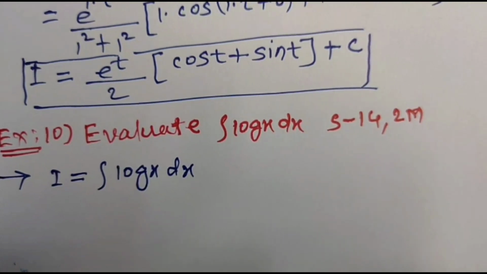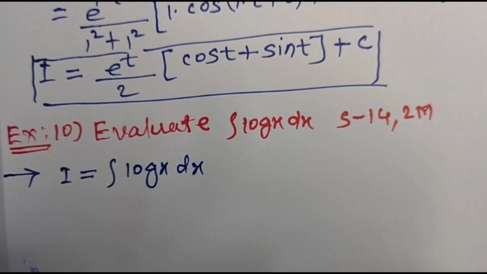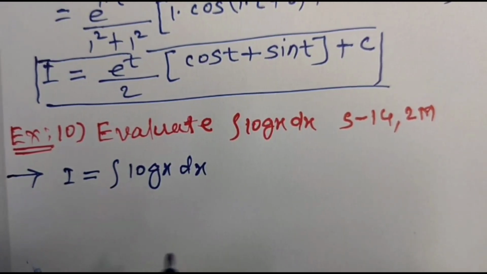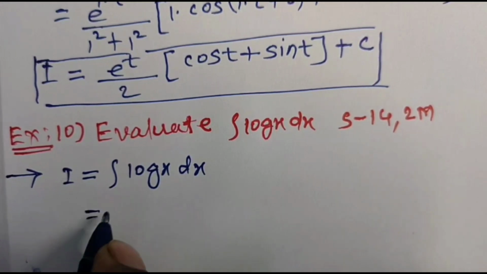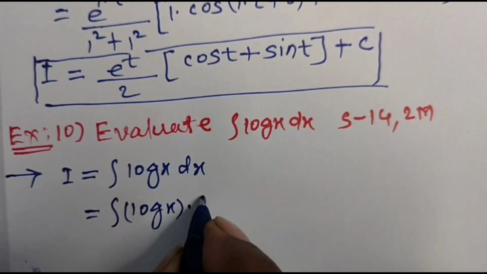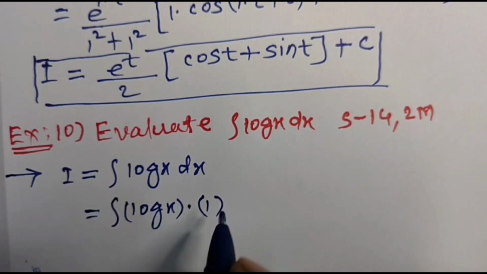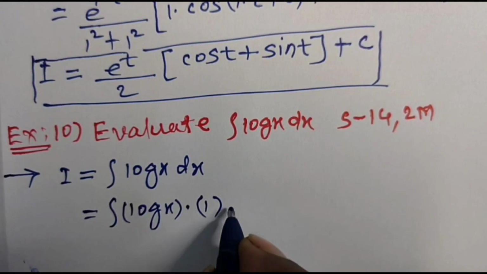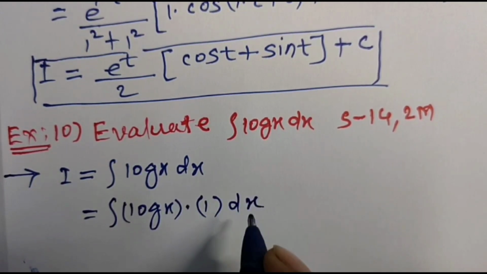So we have to take the multiplicative identity 1, which is an algebraic function, as the second function in the integrand. Hence integral I can be written as integral of log x and the second function, the algebraic function which is 1, the multiplicative identity, and then take its integral with respect to x.